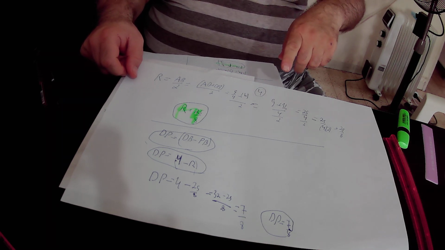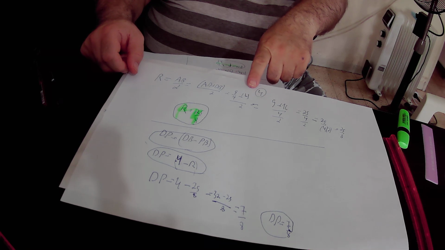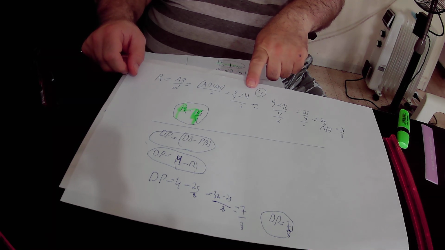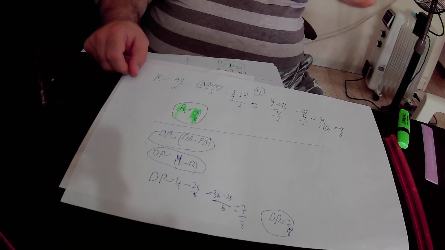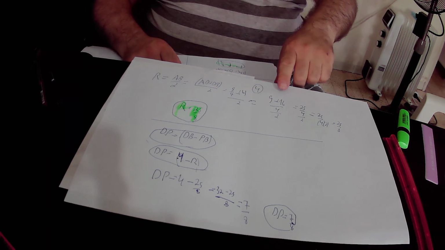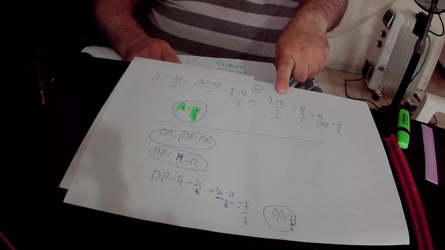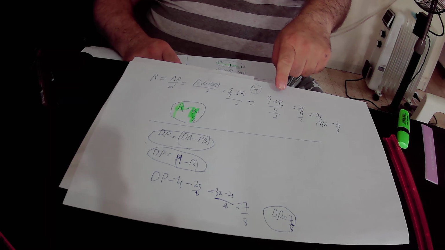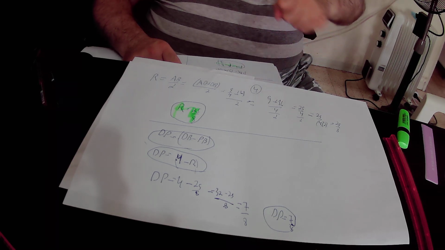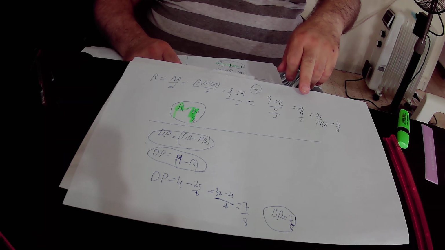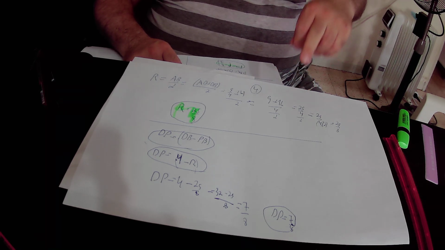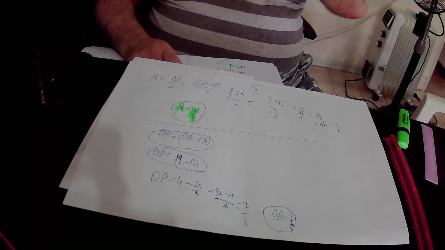All divided by 2. Here we multiplied 4 by 4 and then divided by 4 in order to have a common denominator with 9 over 4. So 9 plus 4 times 4 is 16, divided by 4 and then divided by 2. 9 plus 16 is 25, so 25 over 4 divided by 2.